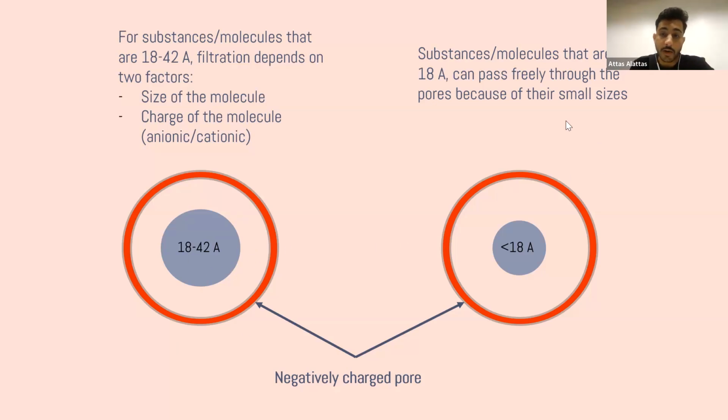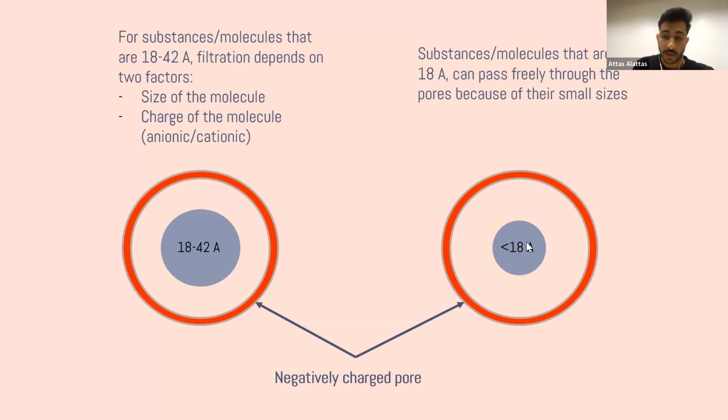Now, for substances that are less than 18 angstrom, we said that they can pass freely because they have small sizes. The main reason they can be freely filtered is because they have small sizes. So the distance between the substance and the negatively charged pore is so big that it won't affect the molecule itself.